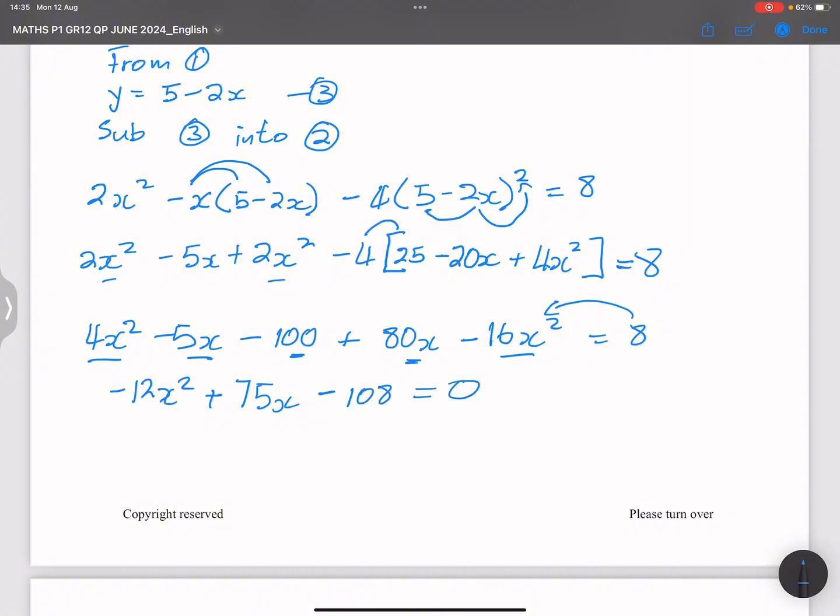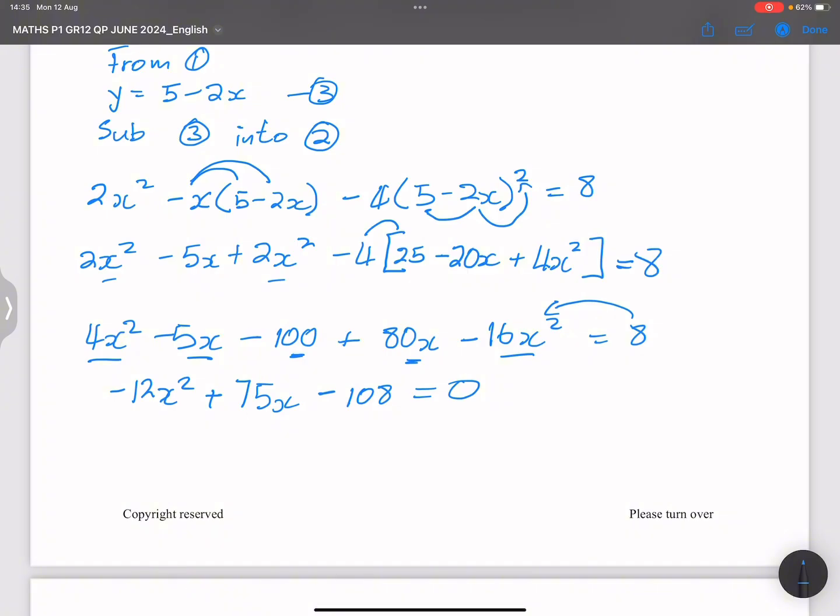Now the question is, can I divide by a number, say perhaps 4, or can I divide by 2? What would be in this case the lowest common multiple? Let's quickly look at it. Definitely 75 cannot divide into 12. However, what we can do is divide by 3 for each term.